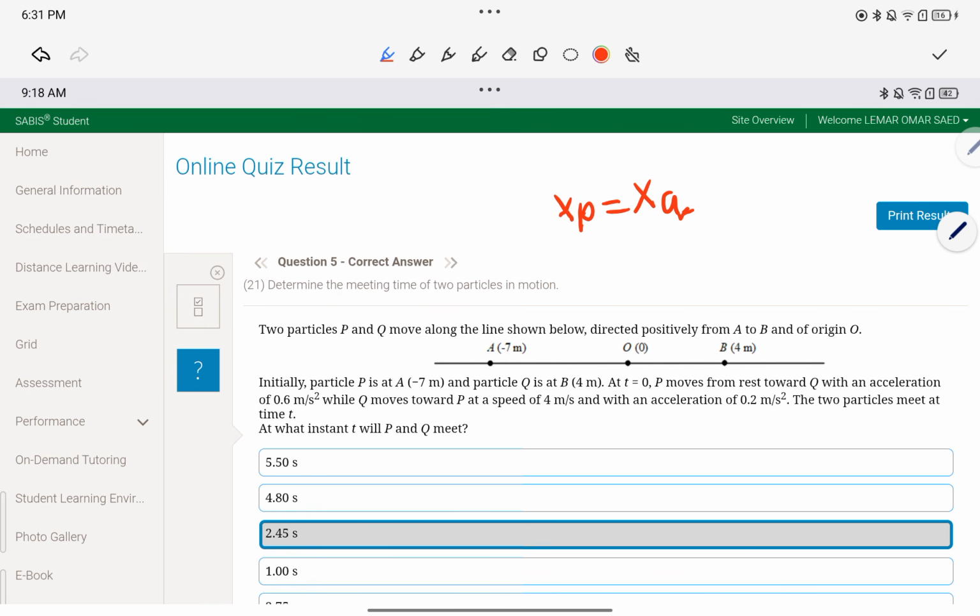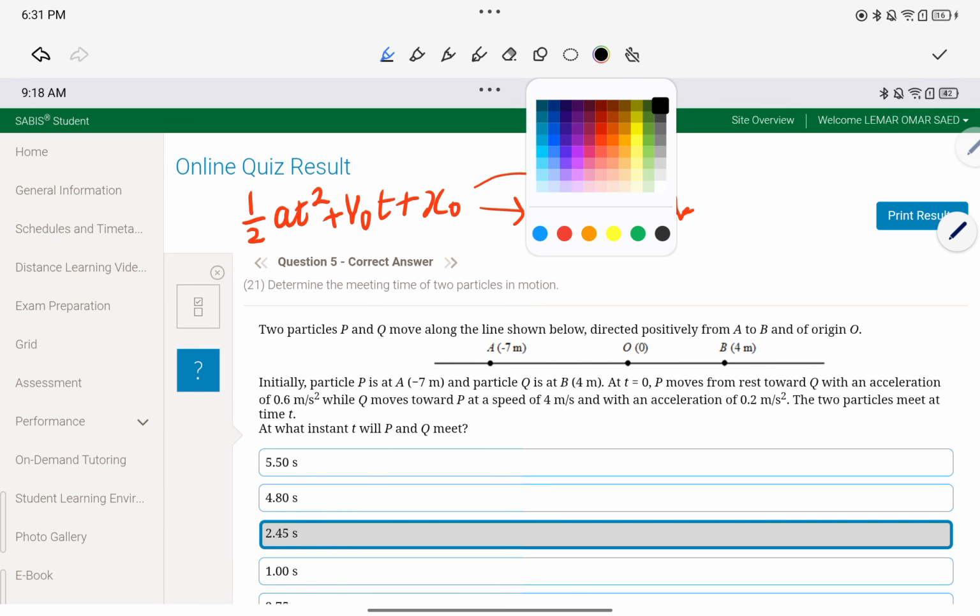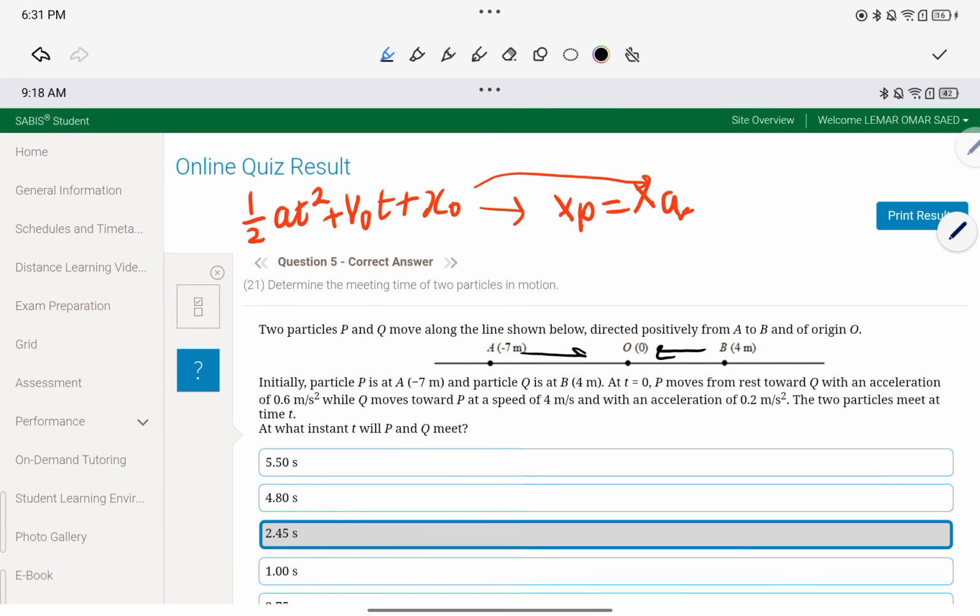And we're going to use for both of them 1 over 2 a t squared plus v initial t plus x initial. Okay, for both of them. Now, first thing, this is moving like this, and this is moving like this.